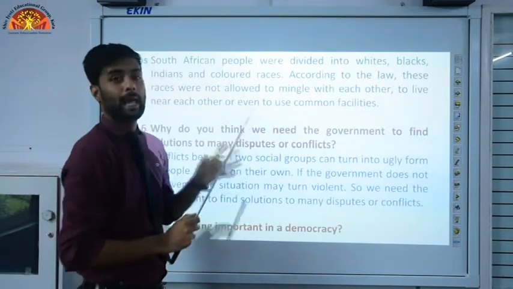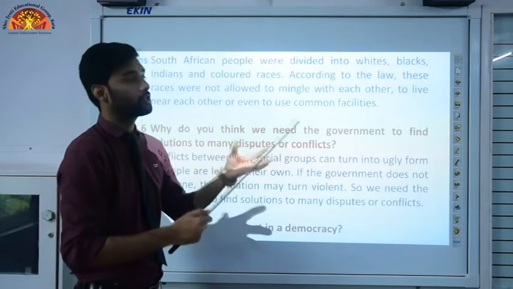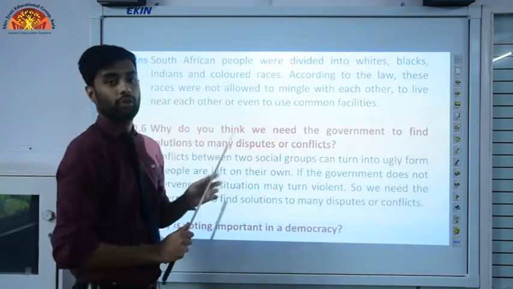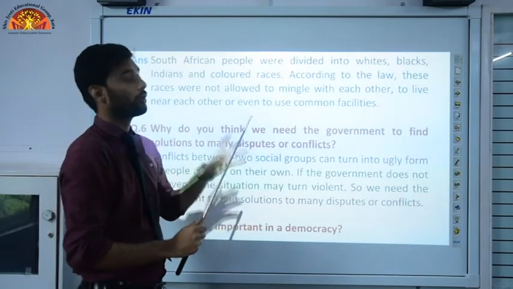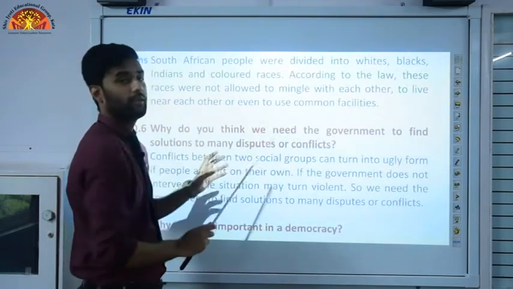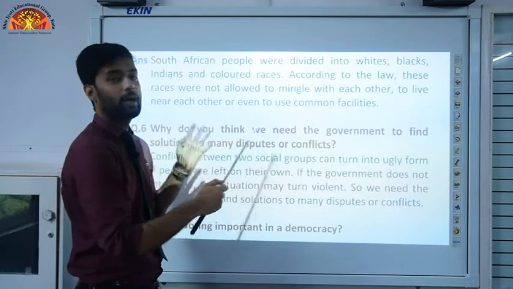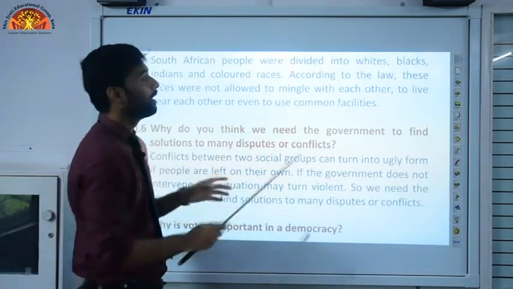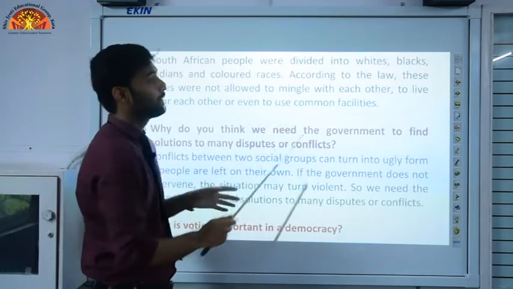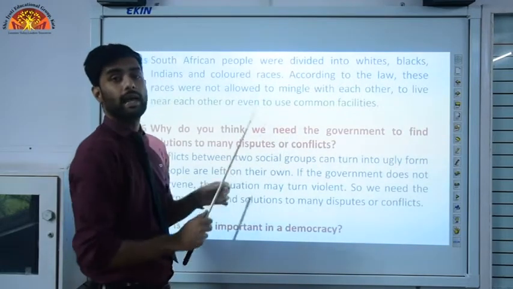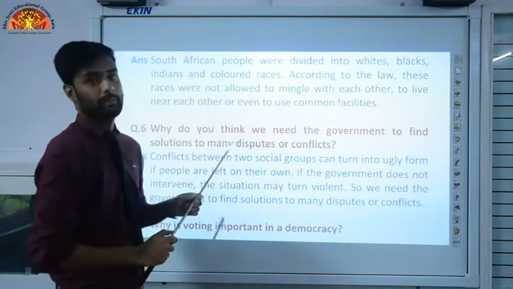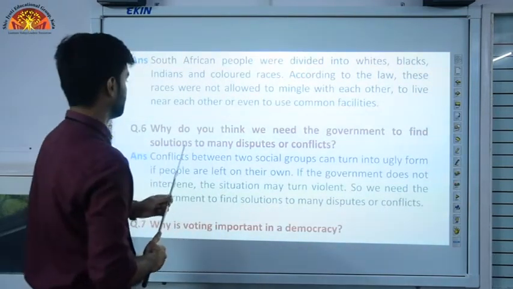You could not use an ambulance, hospital, library, restrooms which were meant for whites or blacks or Indians. You were supposed to use the restroom or public facilities which were meant for your race. There were different parks, different hospitals. Sometimes the hospitals and ambulances of blacks were not as equipped as those of whites. People were very badly treated in South Africa at that time.